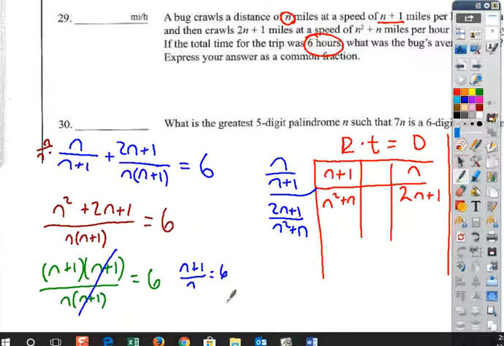Well, what will I do to both sides to get this n over here? Multiply by n. So I get n plus 1 is equal to 6n. Subtract n. So when I subtract n from both sides, I will get 1 is equal to 5n. Therefore, n is equal to 1/5.